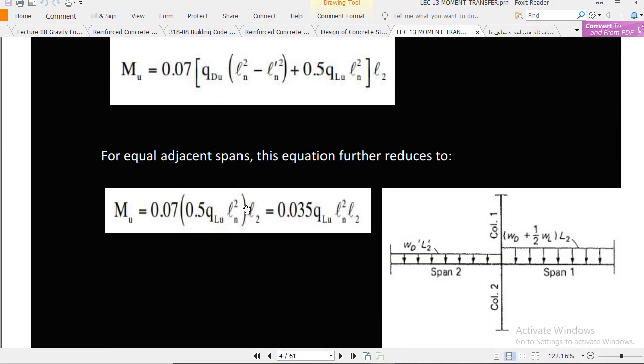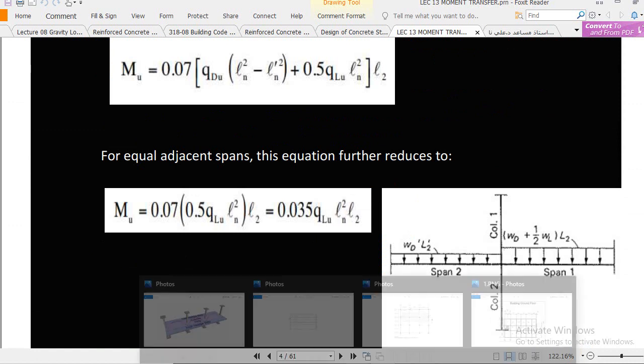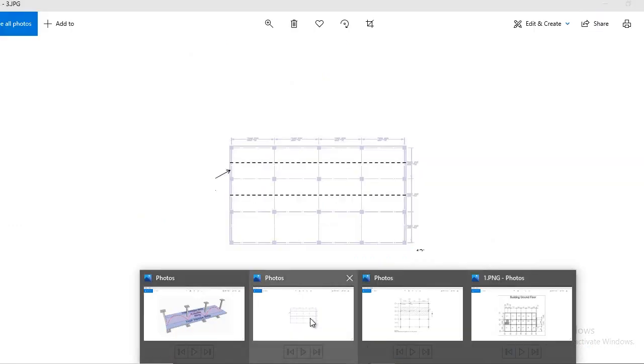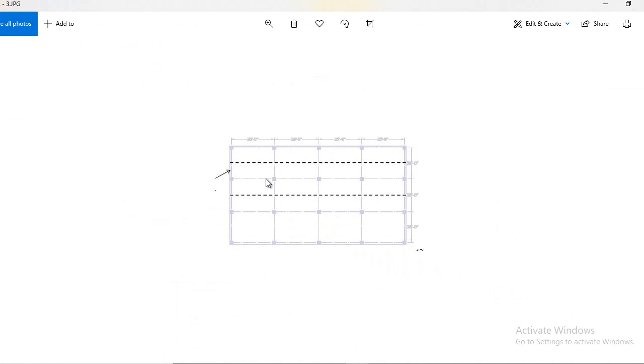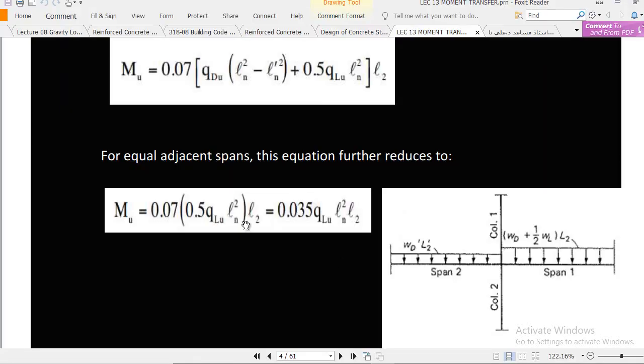And if the spans are equal, like in this case, as you see, the adjacent spans in the east-west direction and the north-south direction are the same, so it will reduce your whole work.